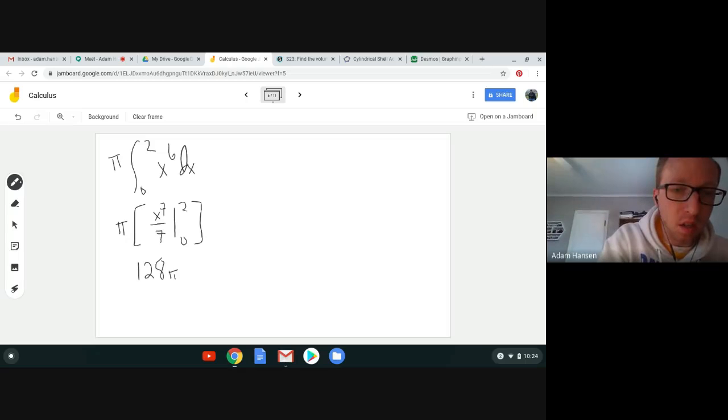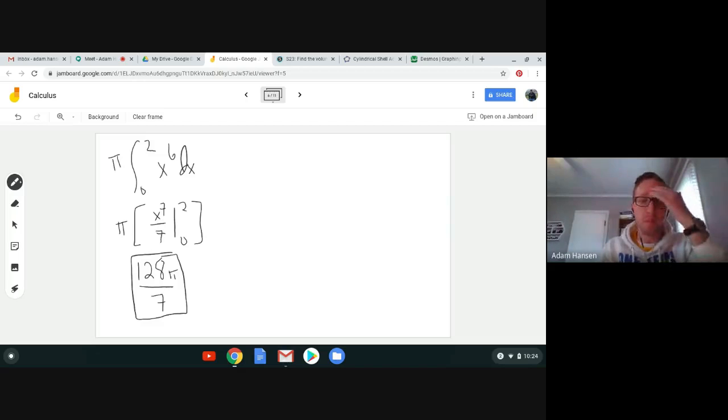So it looks like 128 pi divided by 7, rotating around the x-axis.